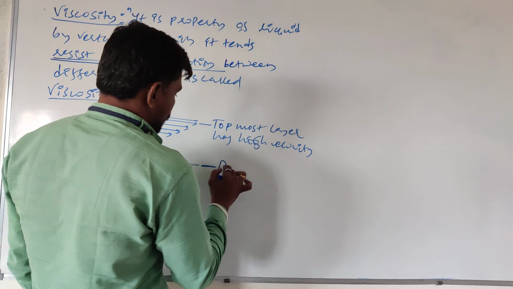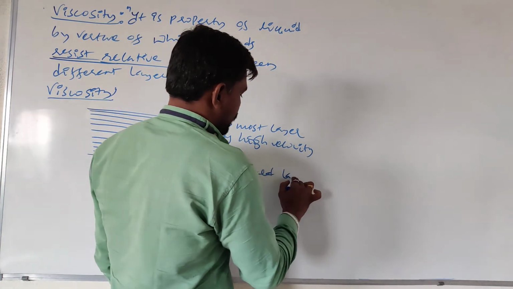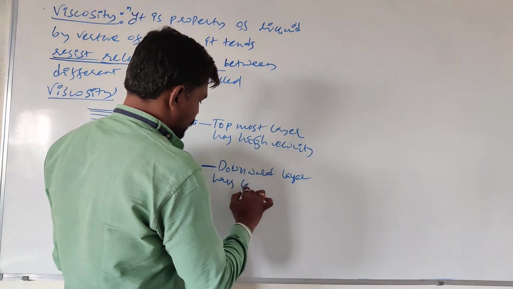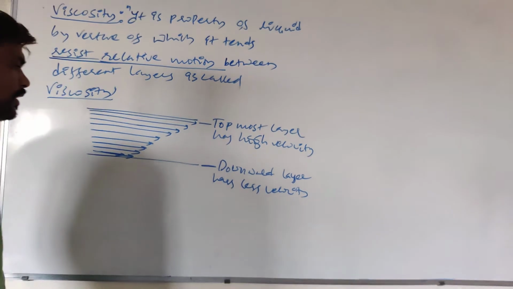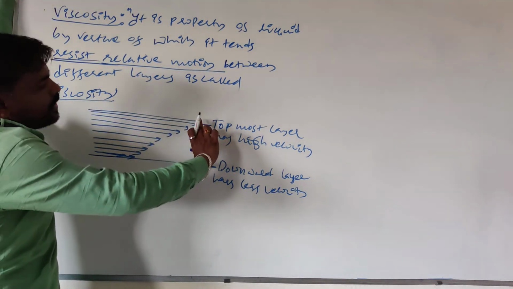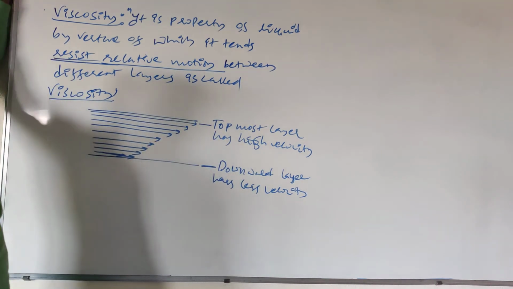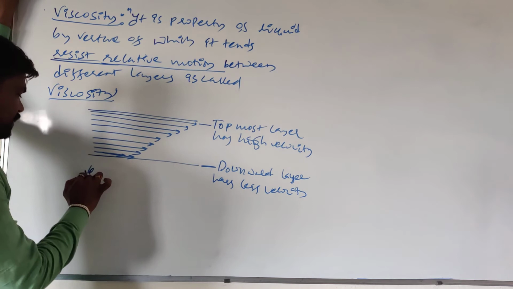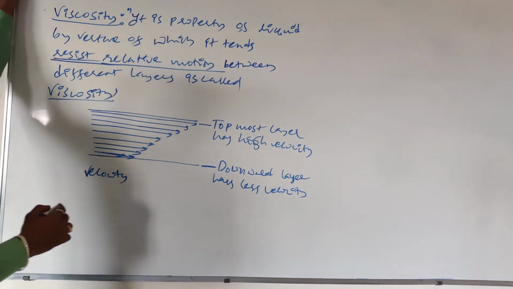Here the downward layer has less velocity. Right? So here, whatever the difference between these two velocities, that is called velocity gradient.